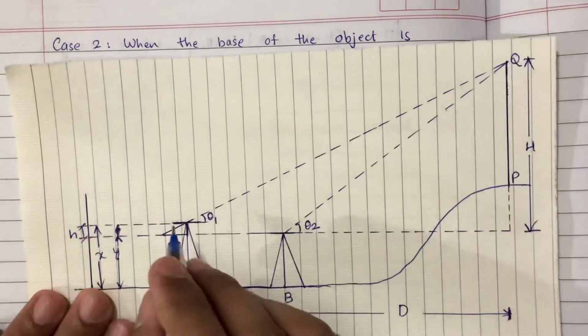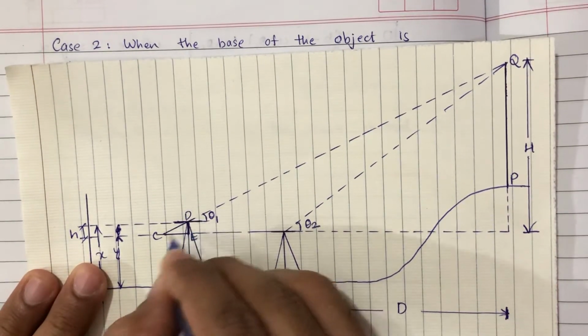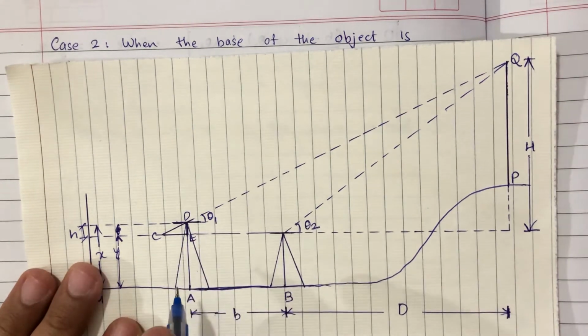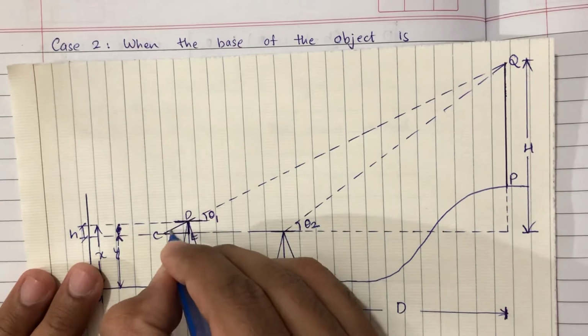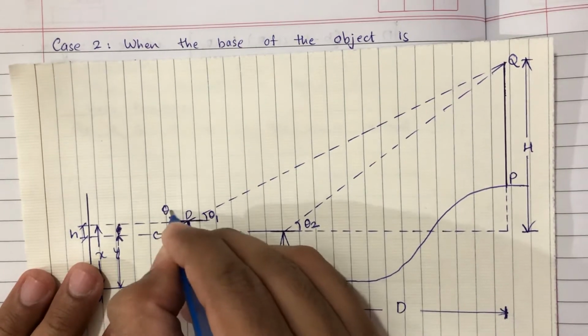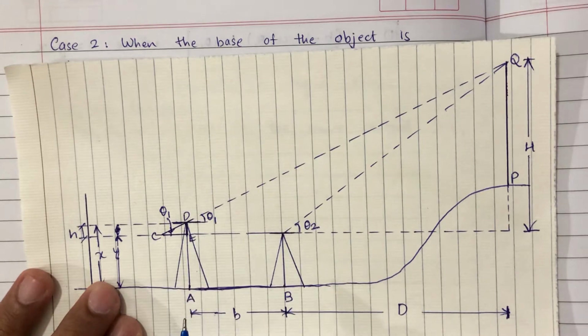Let this triangle be called C, D and E. Now this angle is theta 1. So obviously this angle should also be equal to theta 1, because they are corresponding angles.